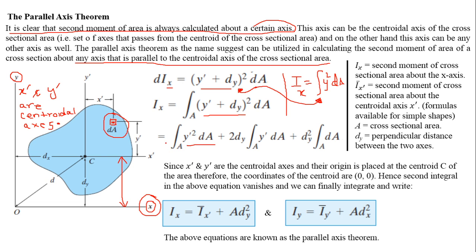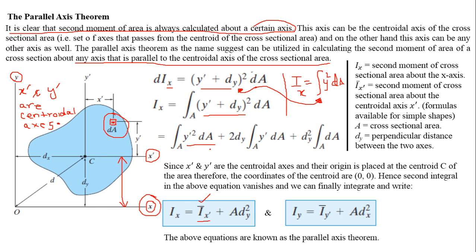So this first integral here represents the second moment of area about the x-axis, about the centroidal axis x dash of this area. This first integral is nothing but the second moment of area of this entire cross section about the centroidal axis x dash, because here we have y dash squared, and y dash is the moment arm measured from the centroidal axis x dash.